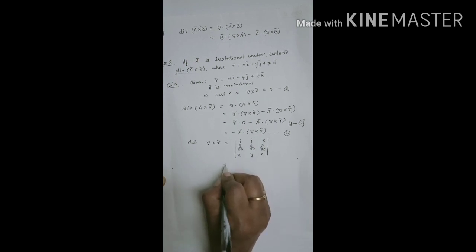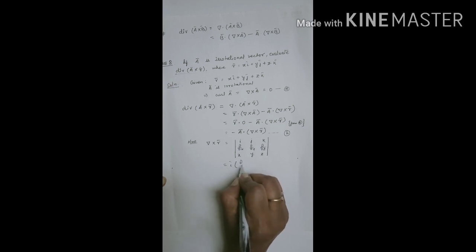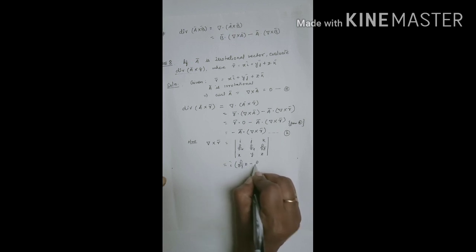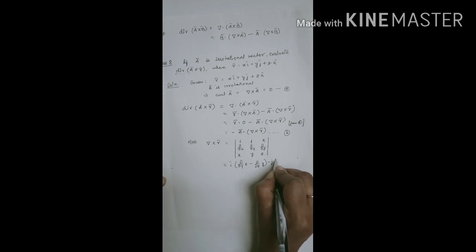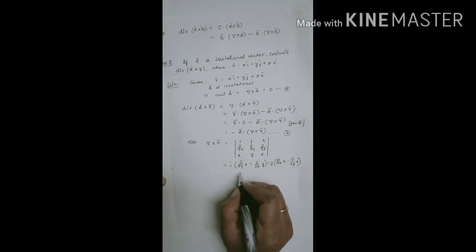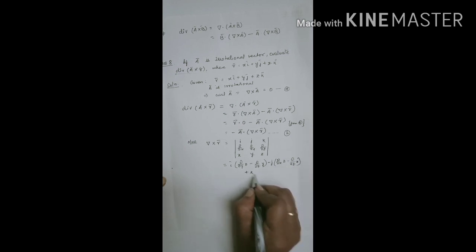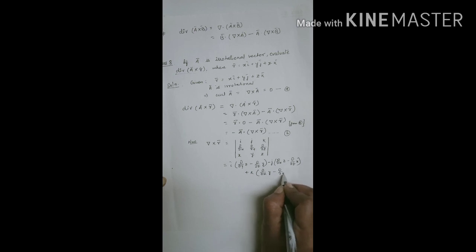So what you end up having is i times del by del y of z minus del by del z of y, minus j times del by del x of z minus del by del z of x, plus k times del by del x of y minus del by del y of x.